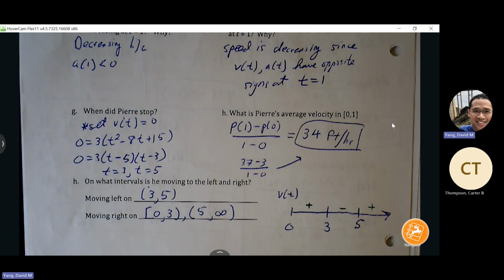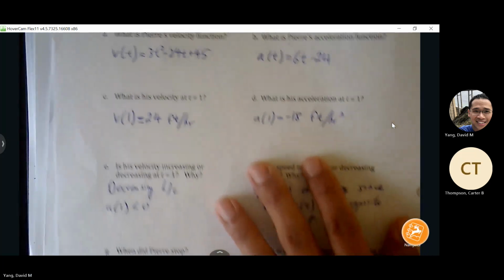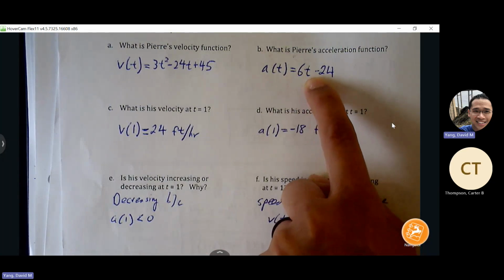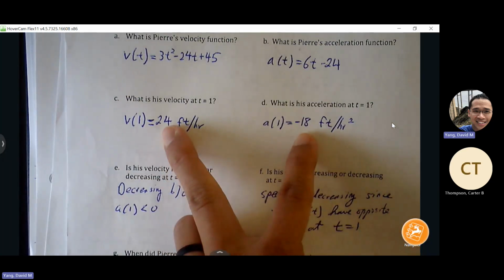Basically, for that back page, if you do one thing wrong, you're kind of screwed for the page. Yes and no. If you made a mistake with your derivative, then your answer is off.